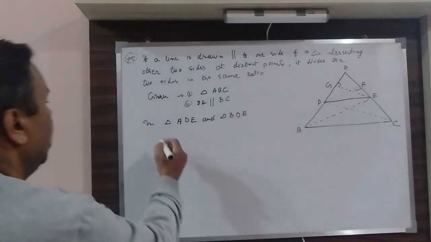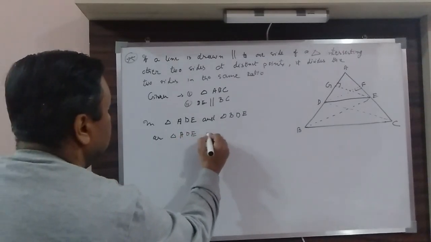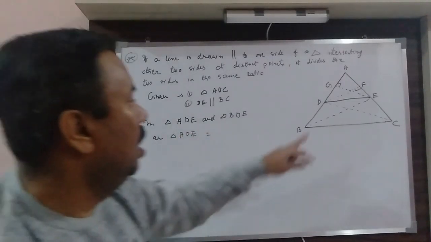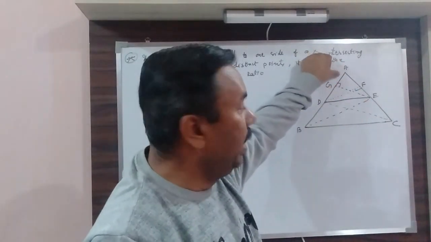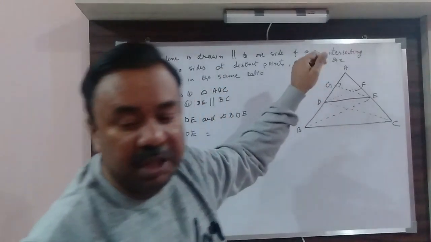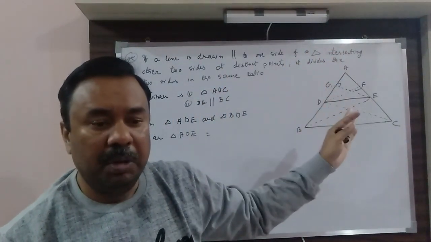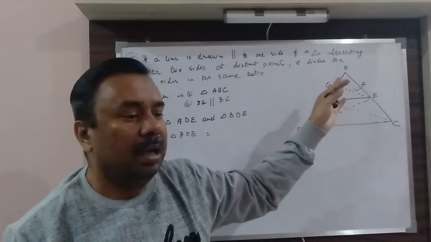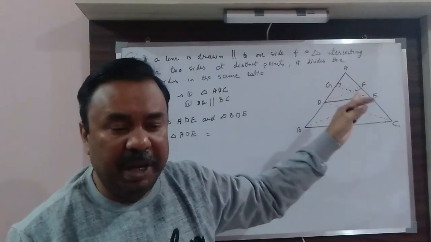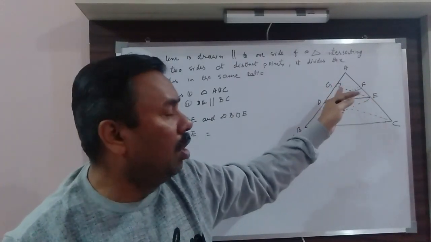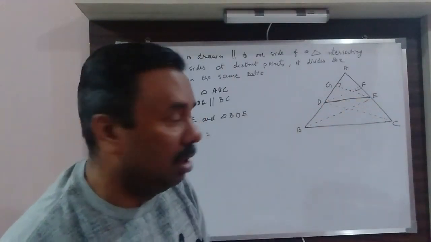What is the area of triangle ADE? I will take AD as the base, and you know what the area of a triangle is: half of base multiplied by height, or the length of the perpendicular drawn from the base, or the length of the altitude drawn from the base, that is perpendicular from the opposite angle.